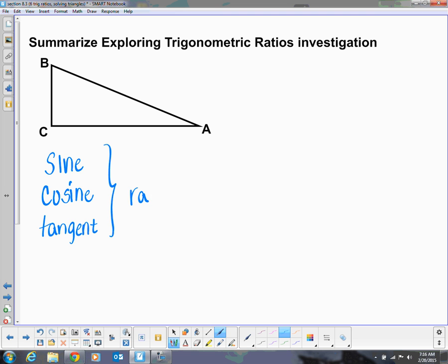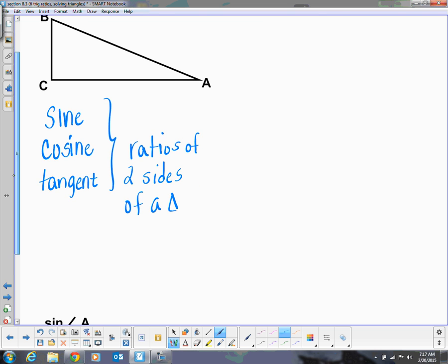These are ratios, that means a fraction, of 2 sides of a triangle. There's actually 6. Remember how we got 6 on the other page? There's actually 6 of them. You're only responsible for 3 this year.